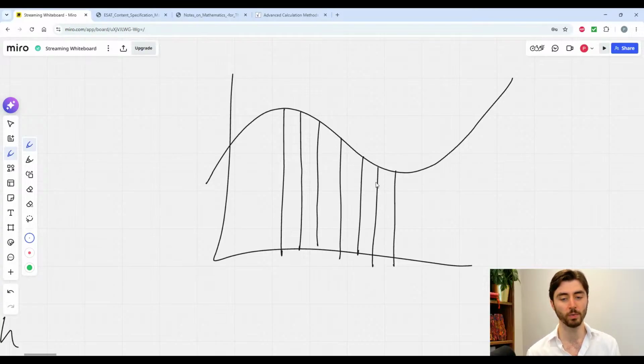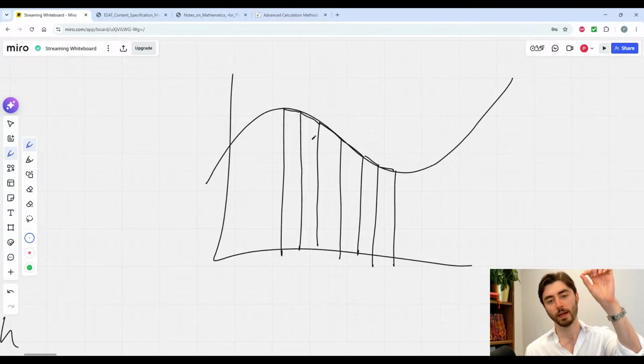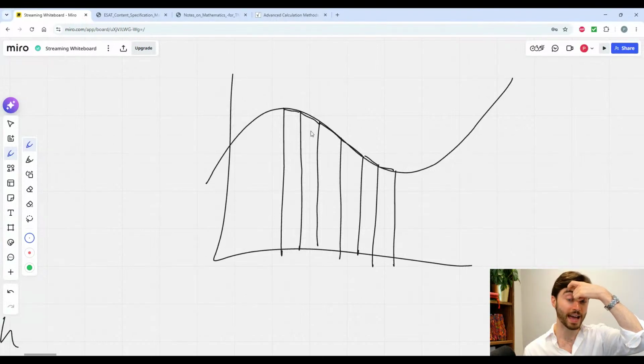I did not draw this well, but whatever. And we can approximate each of these as being a trapezium. And we can work out the areas of the trapezia using the simple area of a trapezium, average of the parallel sides times the distance in between. And that, by adding them together, will give us an approximation for that area.